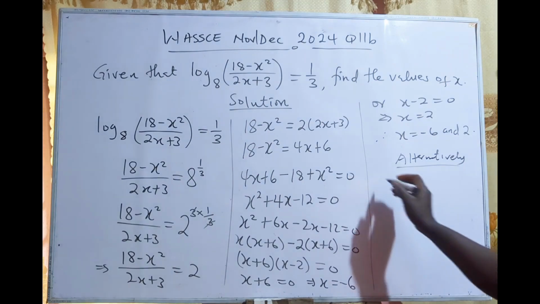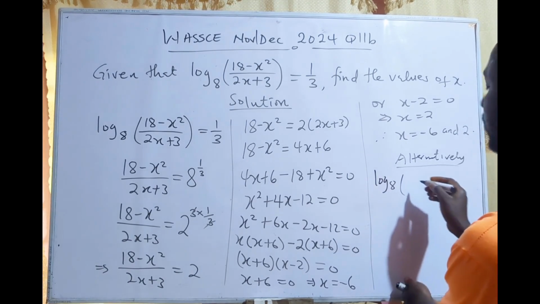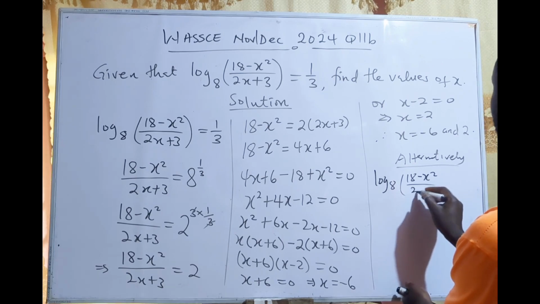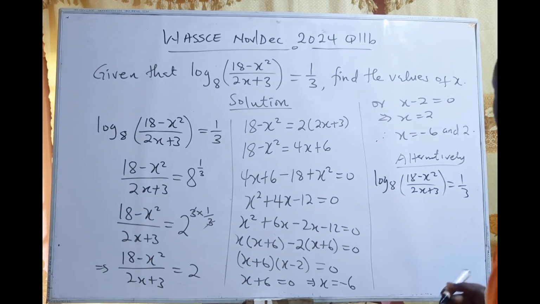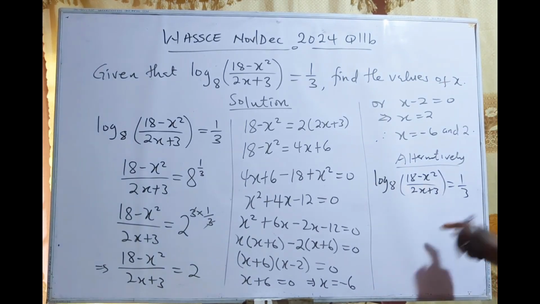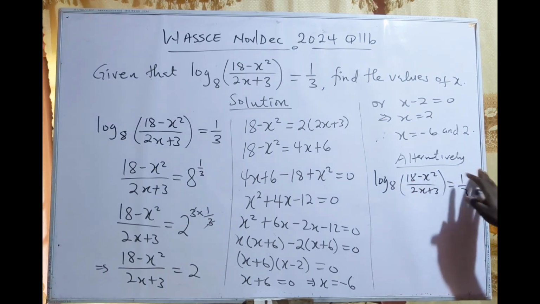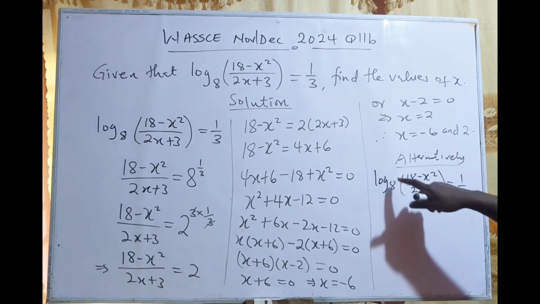So we have log of base 8, (18 minus s squared) all over (2s plus 3), equal to 1 over 3. Here, you will not change this whole thing to indices, but you can also write both sides as logarithm depending on the base.